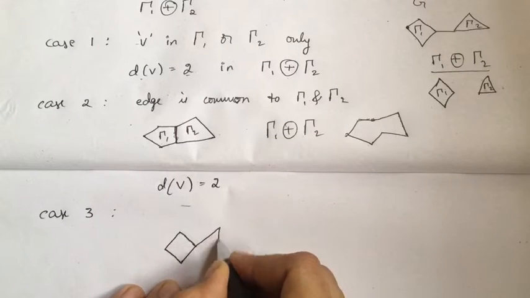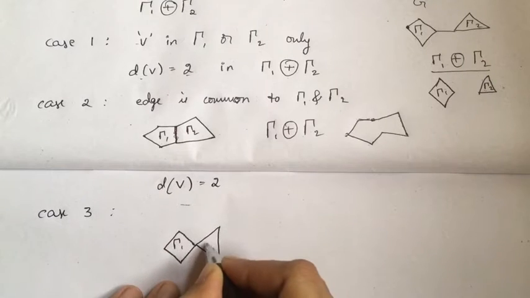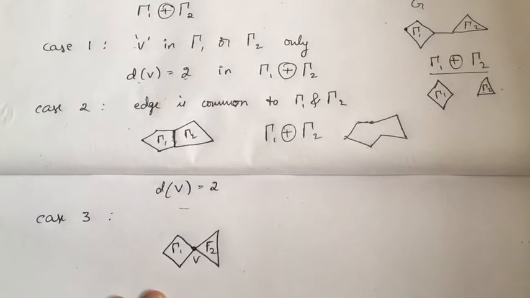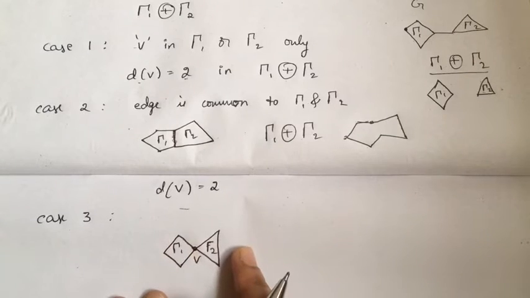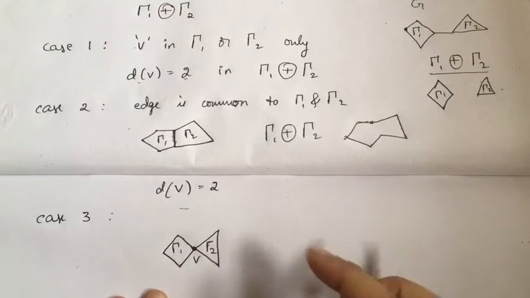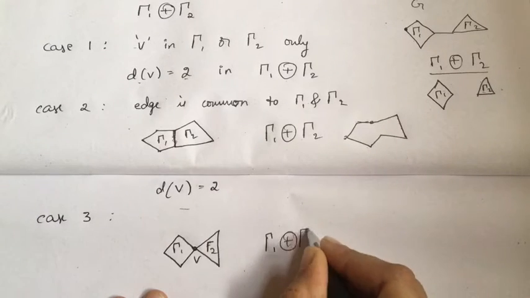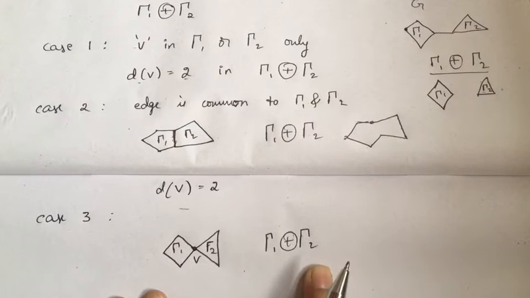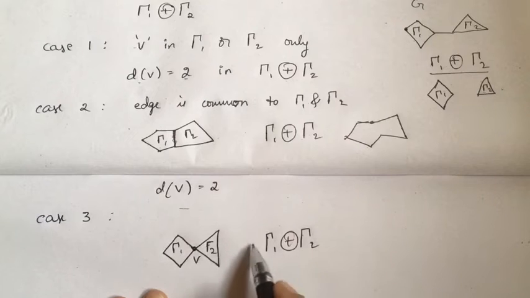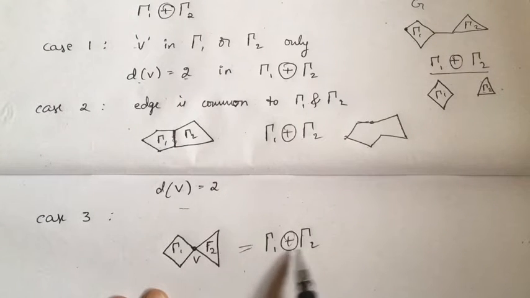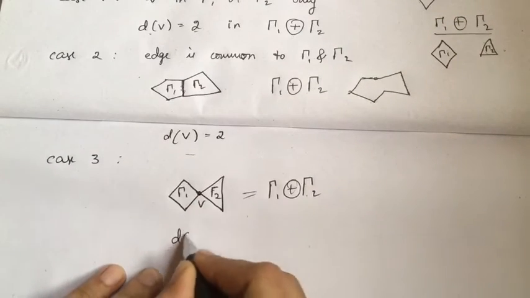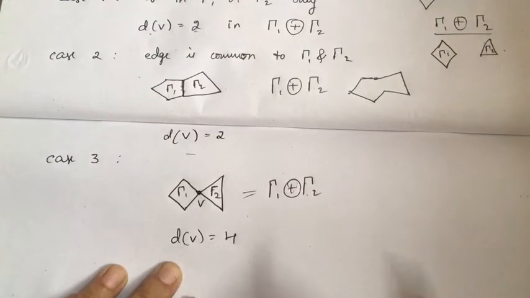This is gamma 1, this is gamma 2, and they intersect at a vertex V. When I take their ring sum, the number of vertices remains the same, and the edges in gamma 1 and edges in gamma 2 must be there in gamma 1 ring sum gamma 2. So what happens to the degree of this vertex? The degree of this vertex is 4.